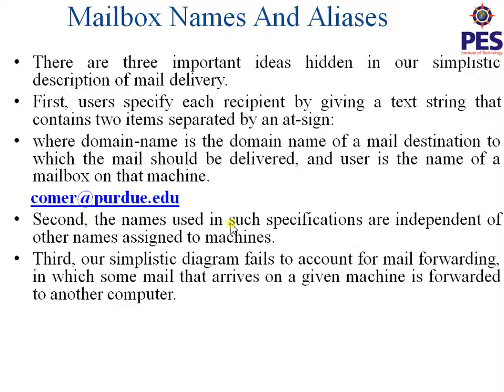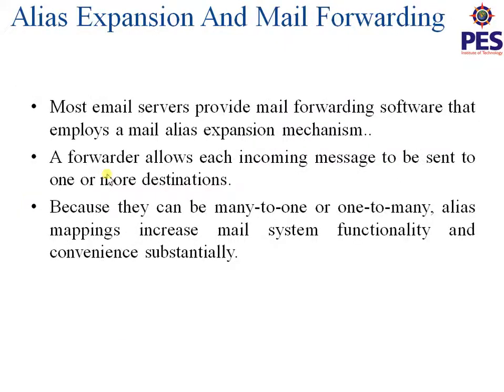Second, the names used in such a specification are independent of other names assigned to the machines. Third, our simplistic diagram fails to account for mail forwarding, in which some mail that arrives on a given machine is forwarded to another computer. Alias expansion and mail forwarding.